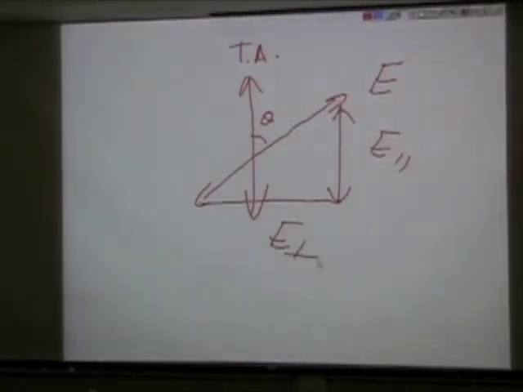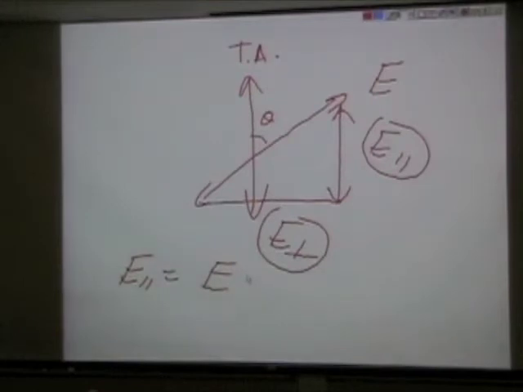The perpendicular component is getting cut off. It cannot get through. The component of the electric field parallel to the transmission axis is getting through. And that component is proportional to the initial amplitude of the field times cosine of this angle theta.